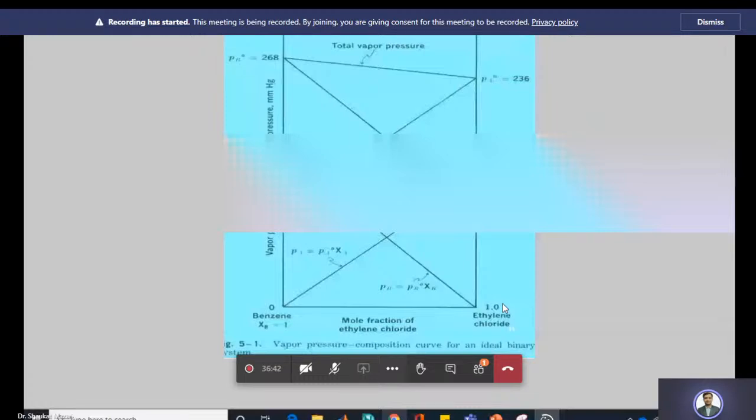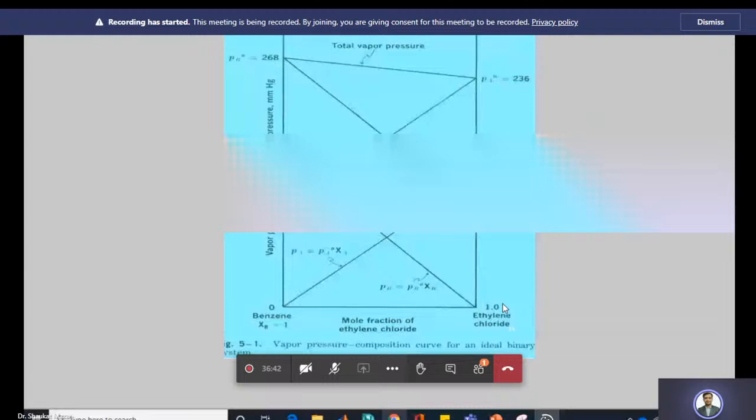When B is in the purest form, we can talk about its partial pressure in the purest form. Similarly, at the right side, when we have A, it is not partial actually, because when XB is 0, A is totally pure. So the vapor pressure of component A in the purest form would be 236 mmHg. Now, these are two values at two extremes, at minimum and maximum, when they are at their purest state.